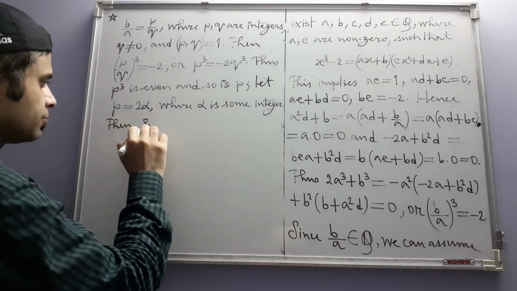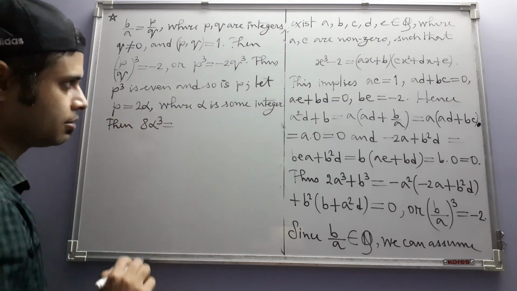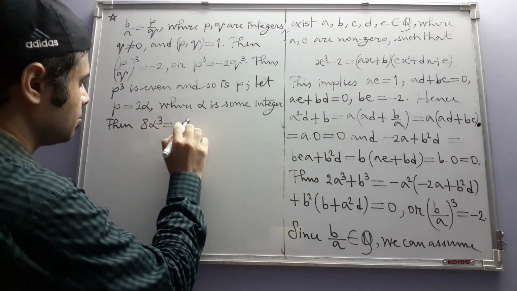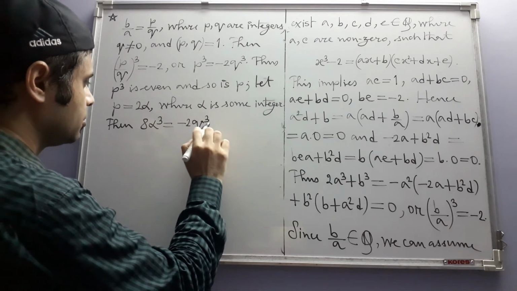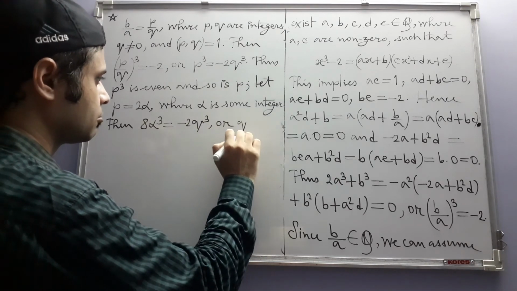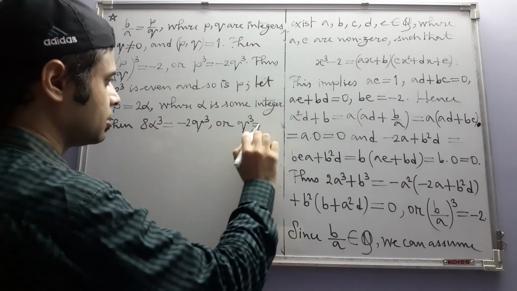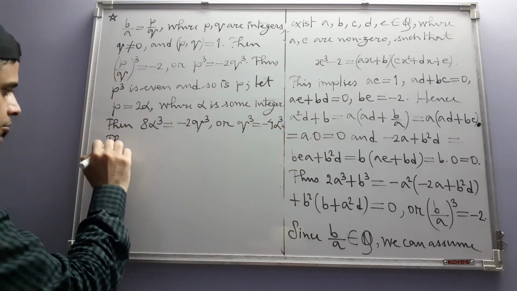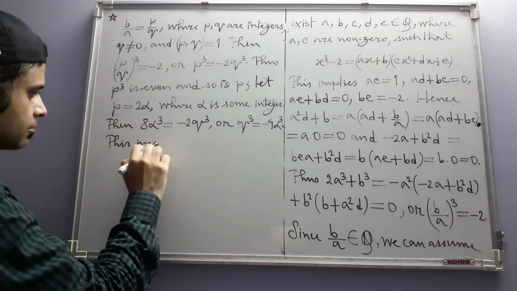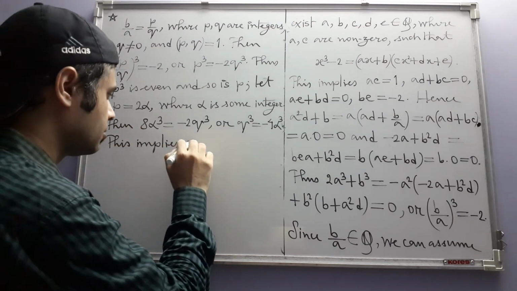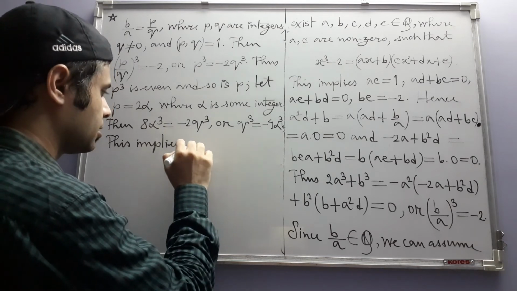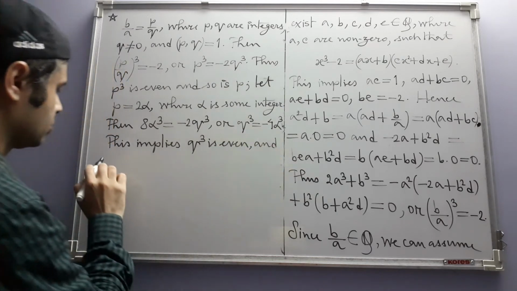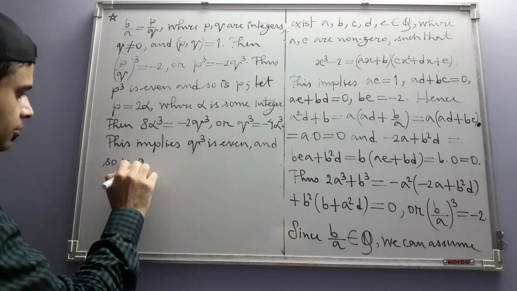Then 8 alpha cube, I hope we haven't used alpha here. No, 8 alpha cube equal to -2 q cube, or q cube is equal to -4 alpha cube. This implies, not alpha, I want q. Q cube is even and so is q.